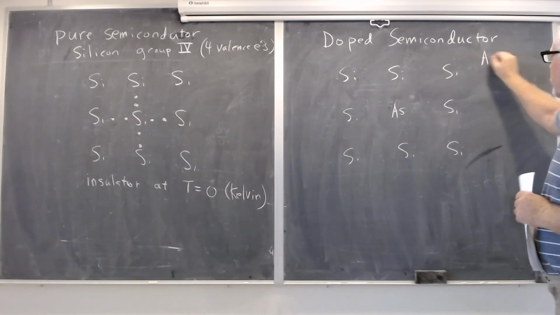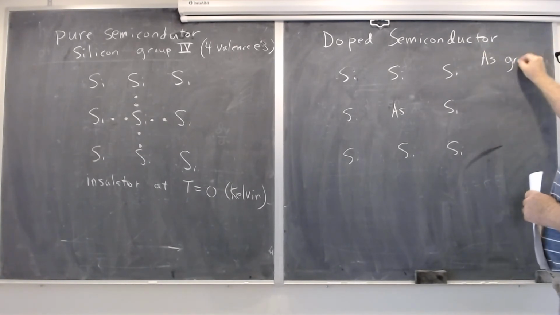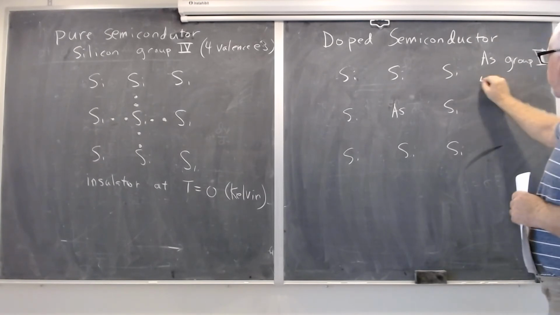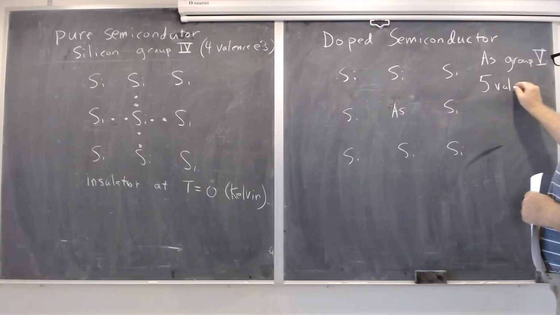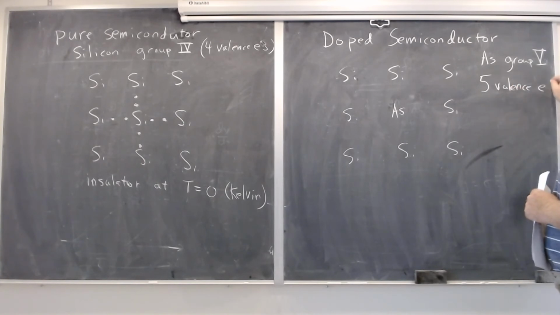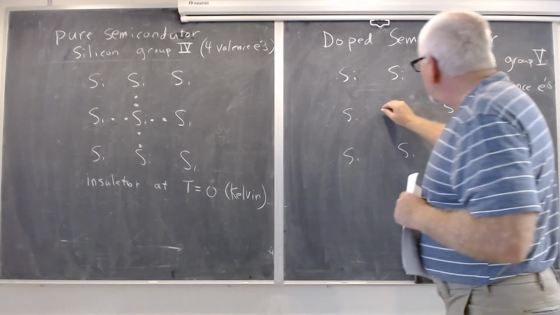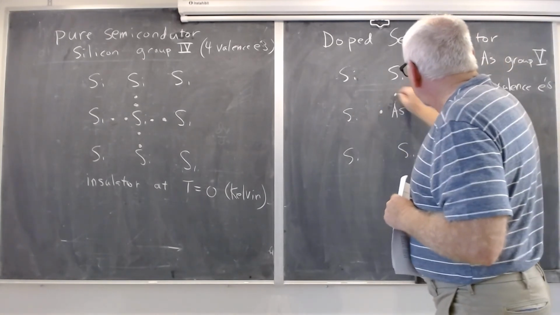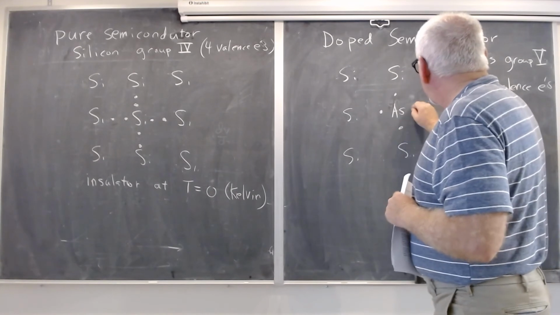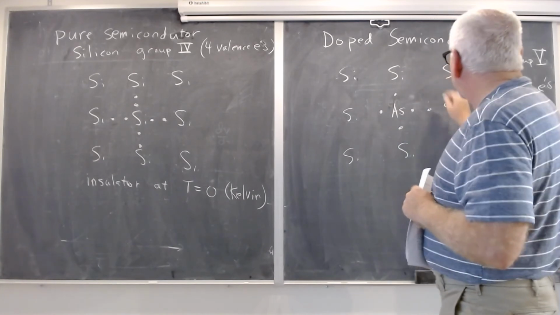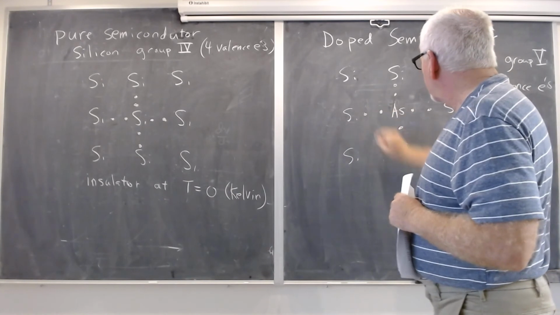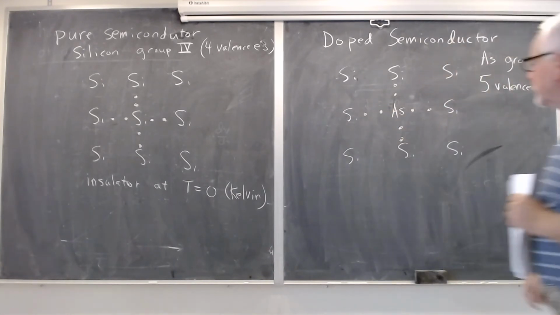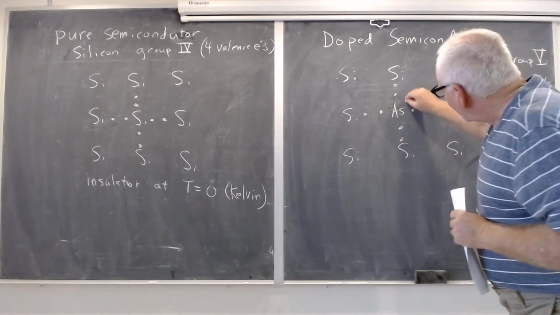Arsenic is group 5. So it has 5 valence electrons. And so what happens, well, okay, so basically let's start drawing our picture here. All right, and you know, the neighboring silicon atoms, they contribute their valence electron like usual. And there's an extra one here.